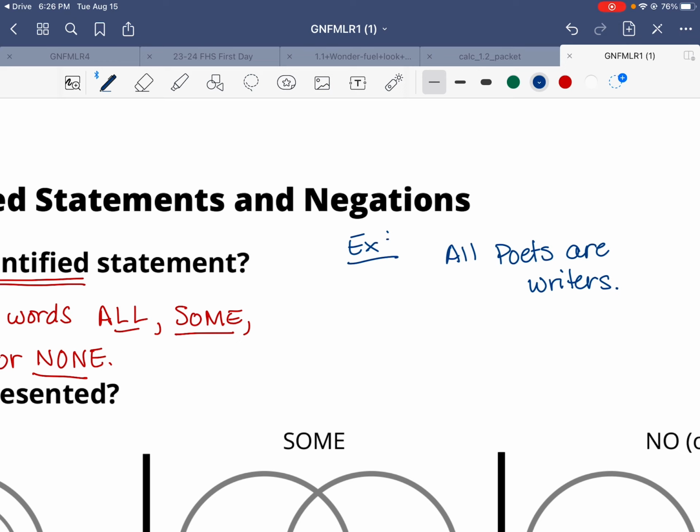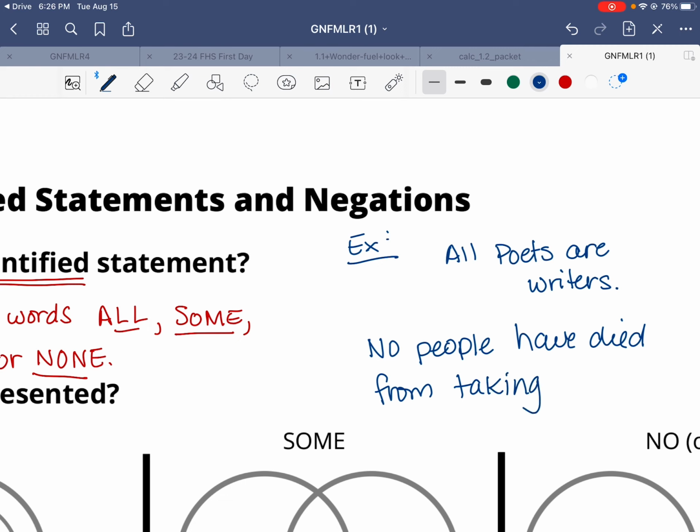You also have, let's see here, we'll do this. No people have died from taking a math class.